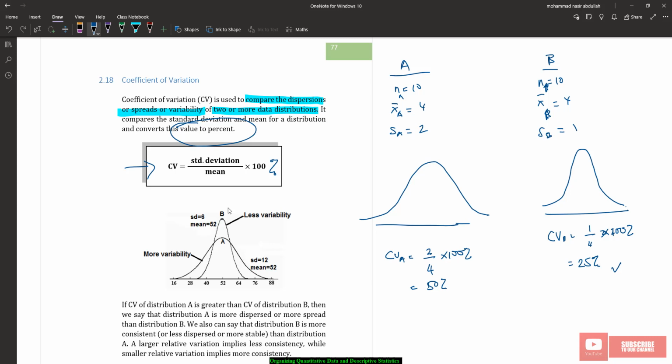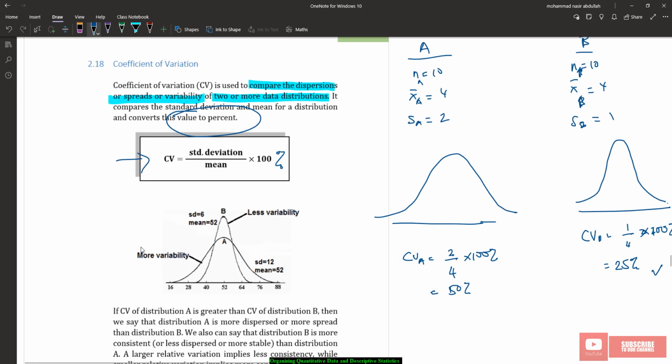Okay? If you look at this graph, if the graph is bigger it means there is more variability, and smaller means less variability. There are terms called platykurtic and leptokurtic.